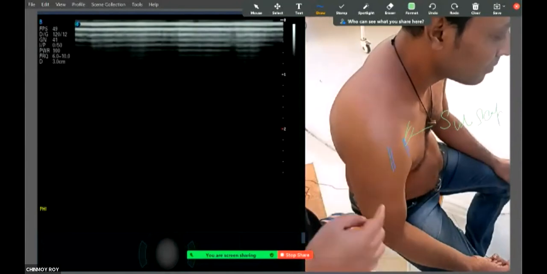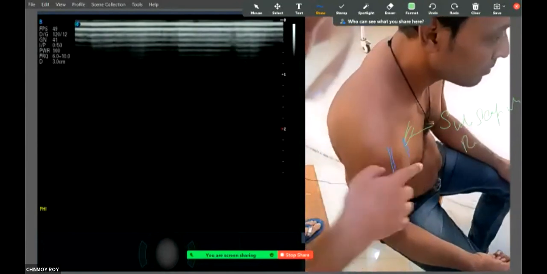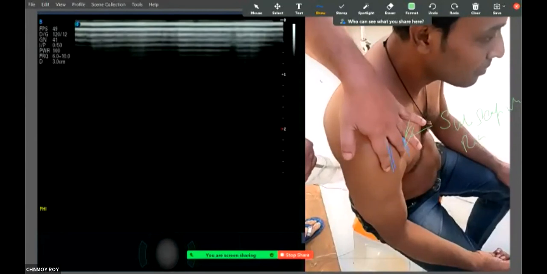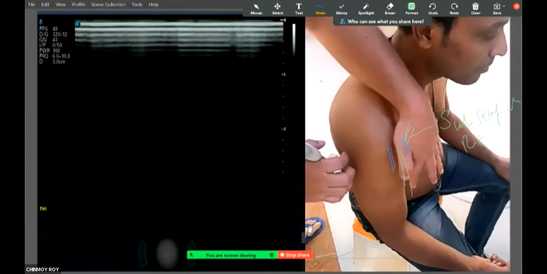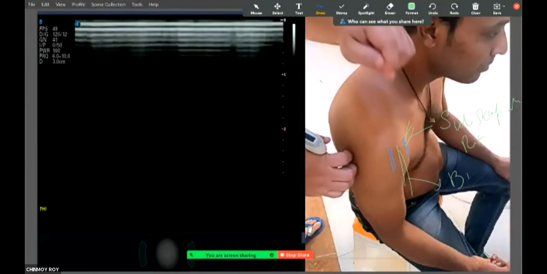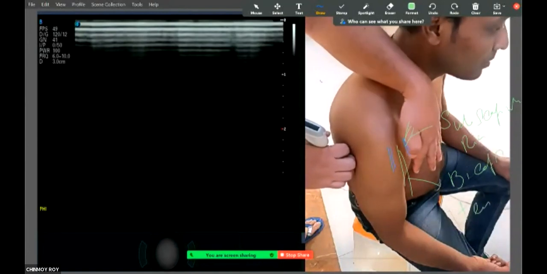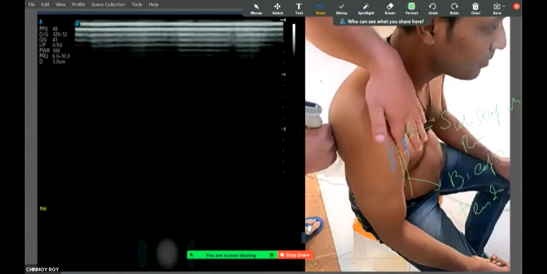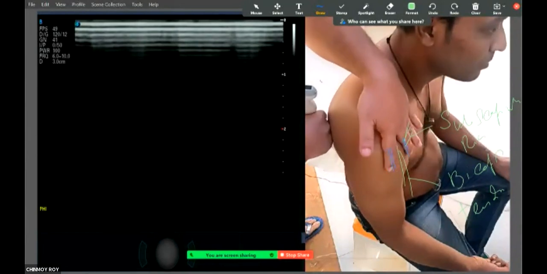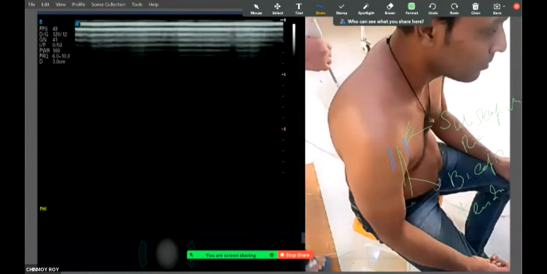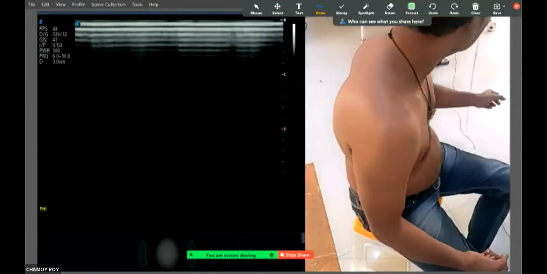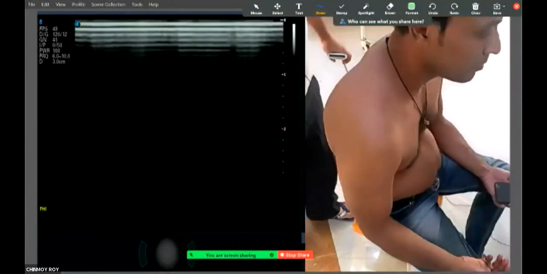So here is one tubercle, and here is one tubercle. Between these 2 tubercles, what will be passing? One tendon is passing here, that is the long head of the biceps. The long head of the biceps will go between these 2 tubercles like this.